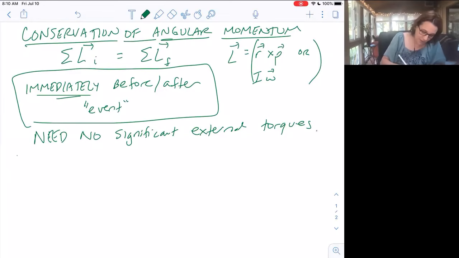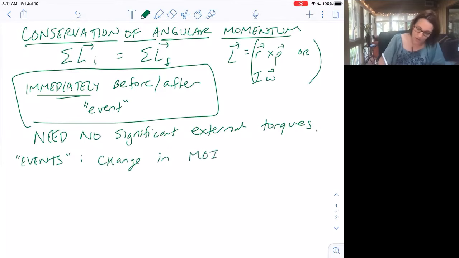So types of events to be on the lookout for is a change in the moment of inertia of an object or of the system. So then the angular momentum before the change in moment of inertia is the same as the angular momentum after.